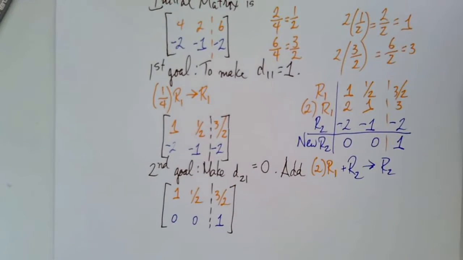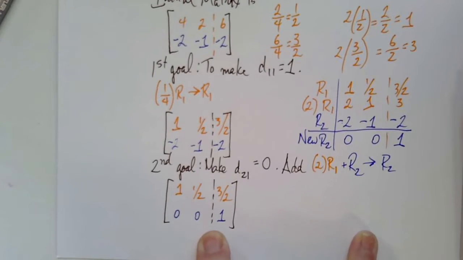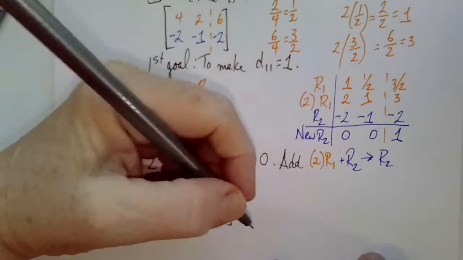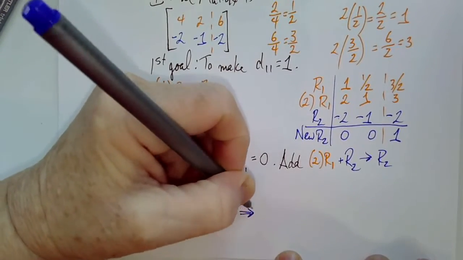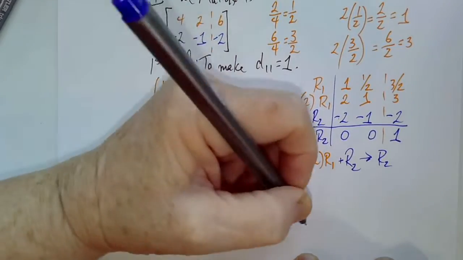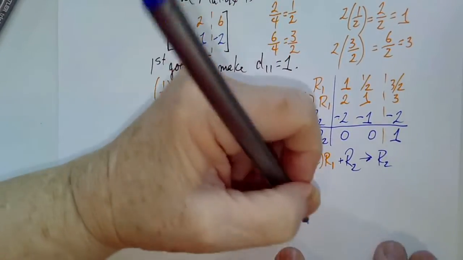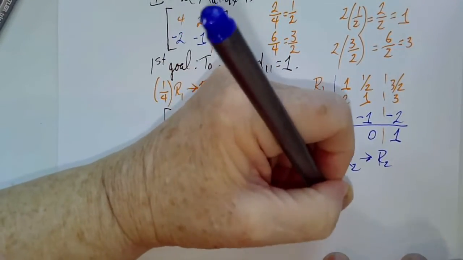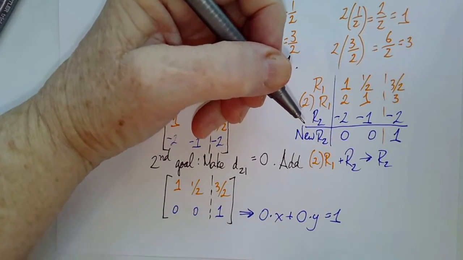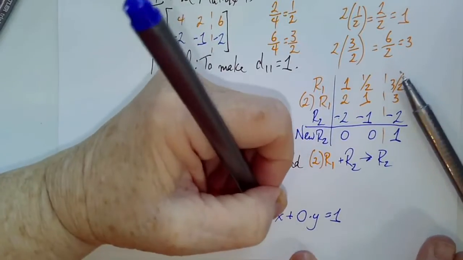Let's look at what we've got. If we wrote the equation for this second row, we would have 0 times x from the 0 here plus 0 times y equals 1. But on the left side, 0 times x, 0 times anything is 0.